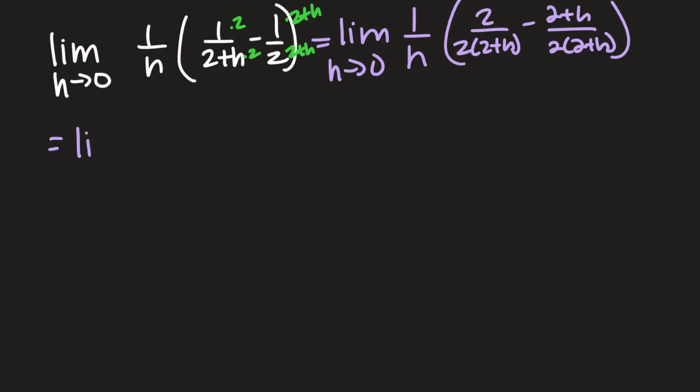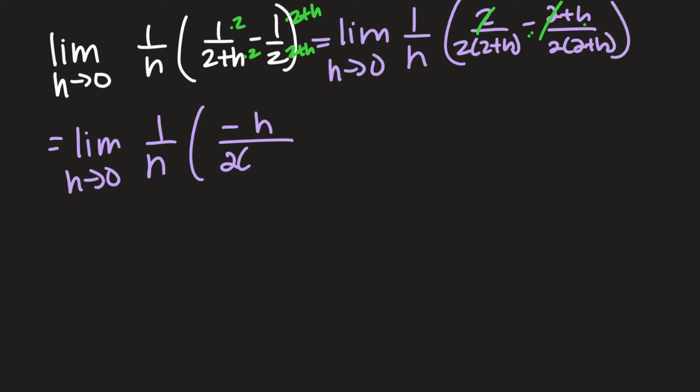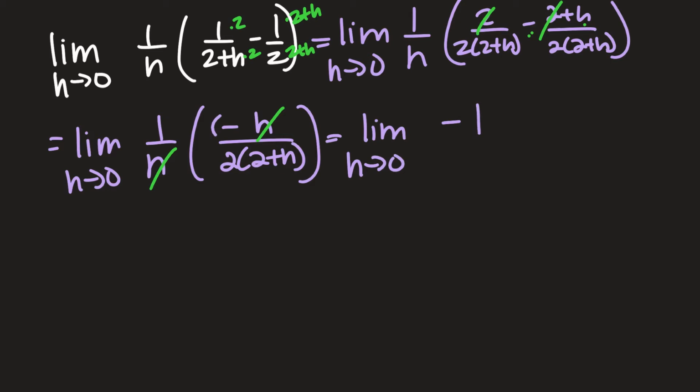So I have the limit as h approaches 0 of 1 over h, and then combining like terms, 2 minus 2 is 0. Don't forget to minus h, so I have -h over 2 times 2 plus h, and then these h's will disappear. I have the limit as h approaches 0 of -1, so don't forget about your negative, over 2 times 2 plus h.